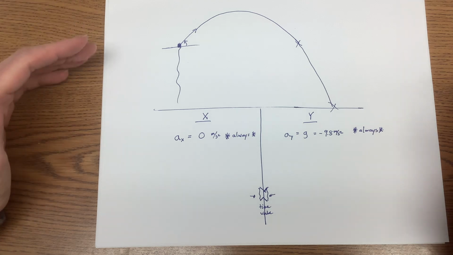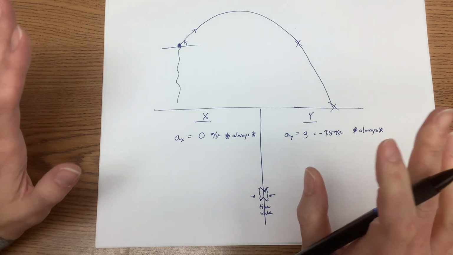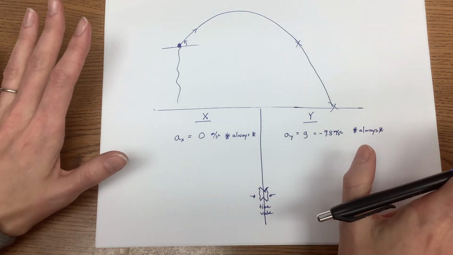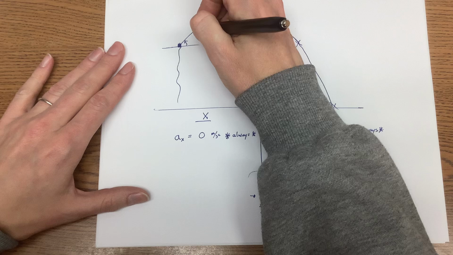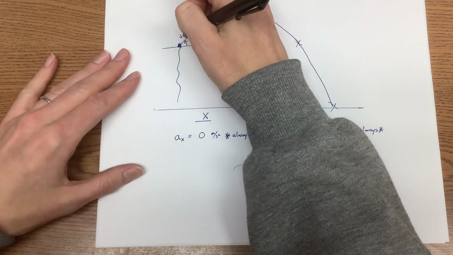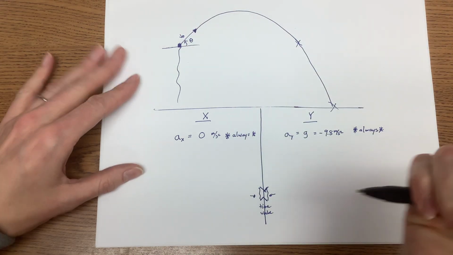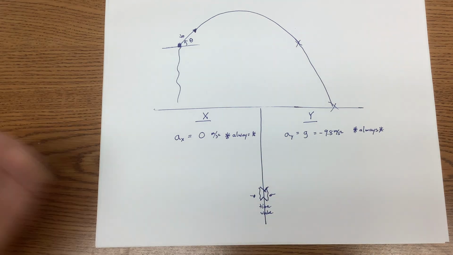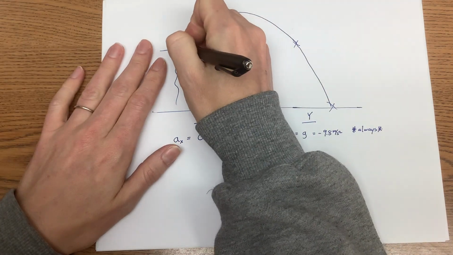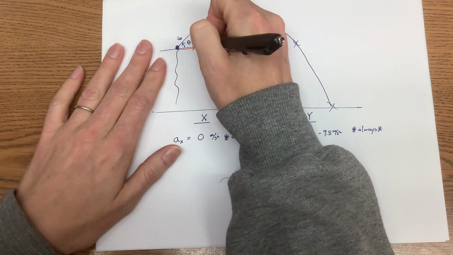Now, in the horizontal ones, we always had that the initial velocity in the Y direction was 0. That is not the case here, okay? So when you get an initial velocity in this one, this is where we're adding one more step since the horizontal ones. You have some initial velocity at some angle. In this situation, we're going to have to find the X and the Y component. Do you remember that one?